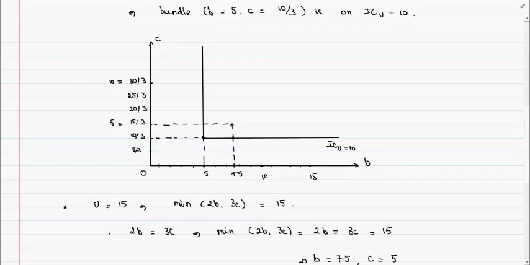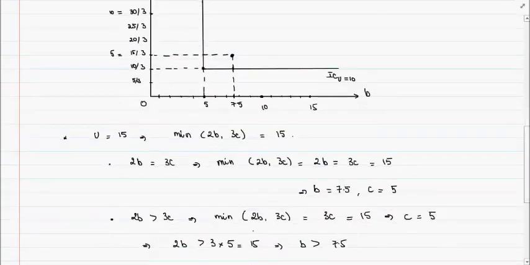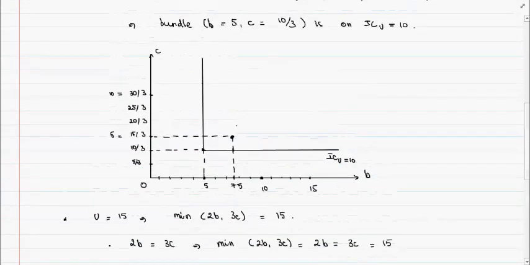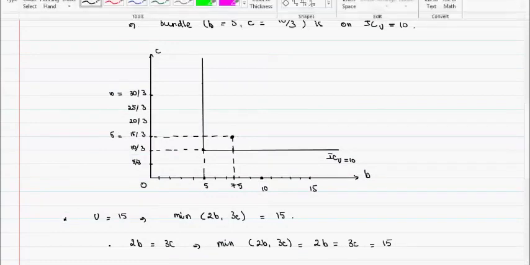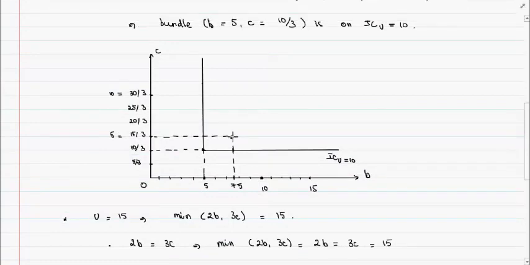That's just the point over here. And the second part is where C equals 5 and B is bigger than 7.5. So any point to the right of this point with the same value of C equals 5 and B bigger than 7.5 is going to be on the same indifference curve, so it's just the horizontal part to the right of the point here.